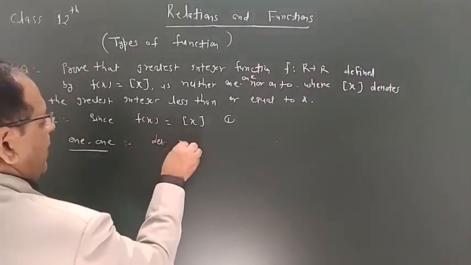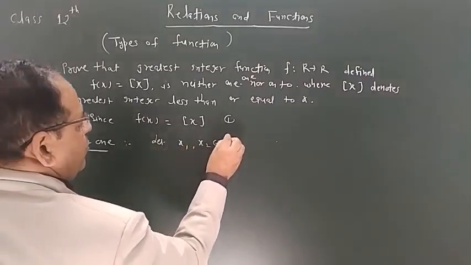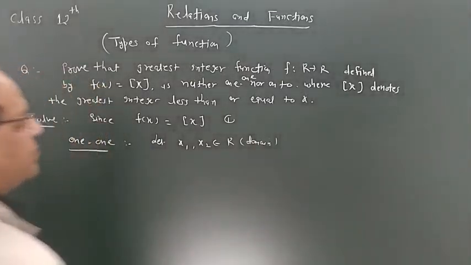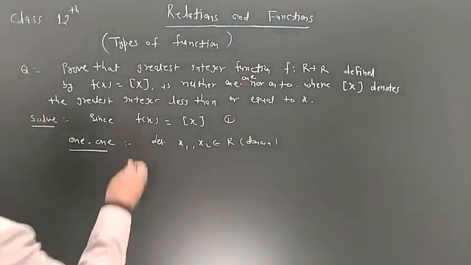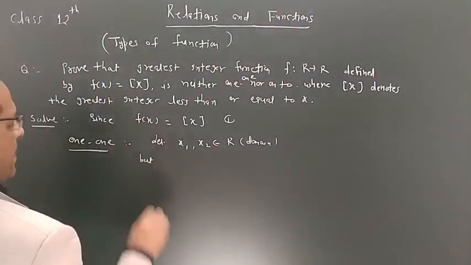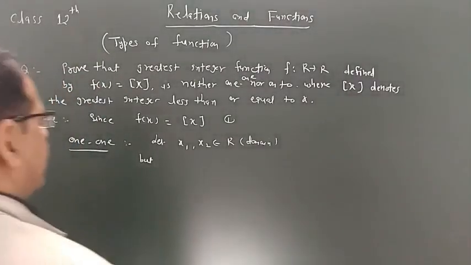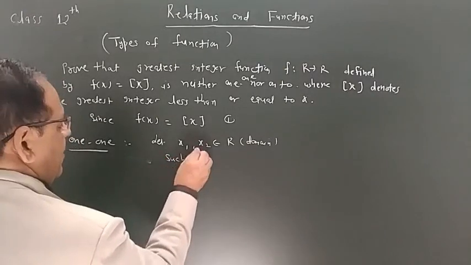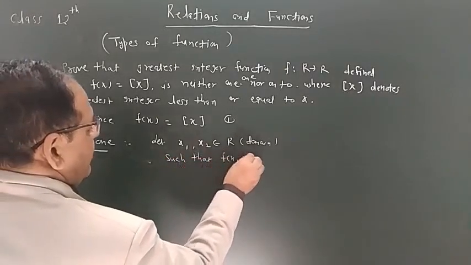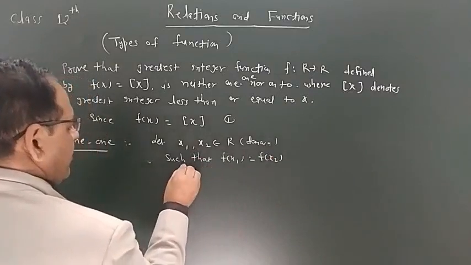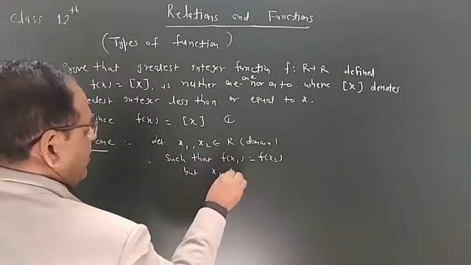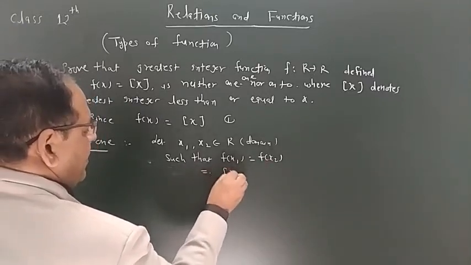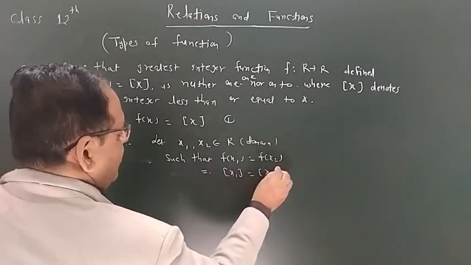Let x1, x2 belong to R, the domain, such that f(x1) equal to f(x2), but x1 not equal to x2. f(x1) equal to f(x2) means [x1] is equal to [x2].